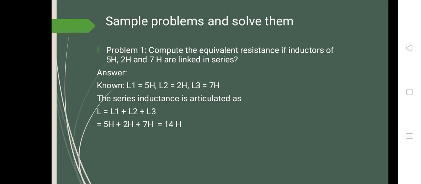The series inductance is equivalent to L1 plus L2 plus L3. So you have to add them. So 5H plus 2H plus 7H is equal to 14H.